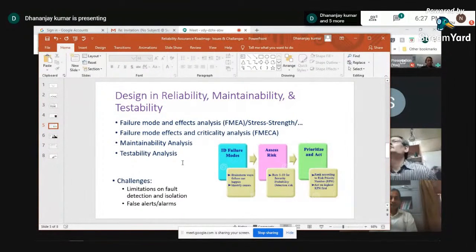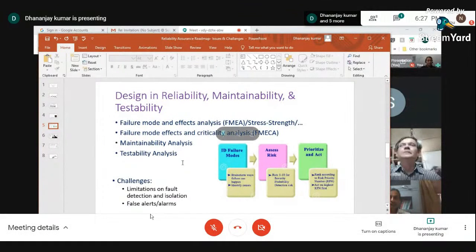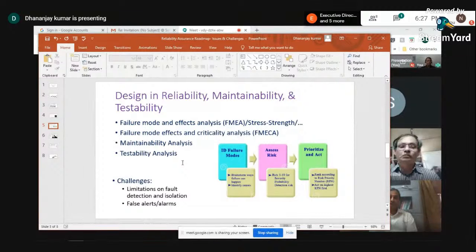It's more like condition monitoring, online, real-time display. Then isolation is another problem. The nature of the fault can come from two different systems, but they can appear to be the same. But you have to design in such a way that a parameter differs a bit, so that you can say that the fault has come specifically from this.